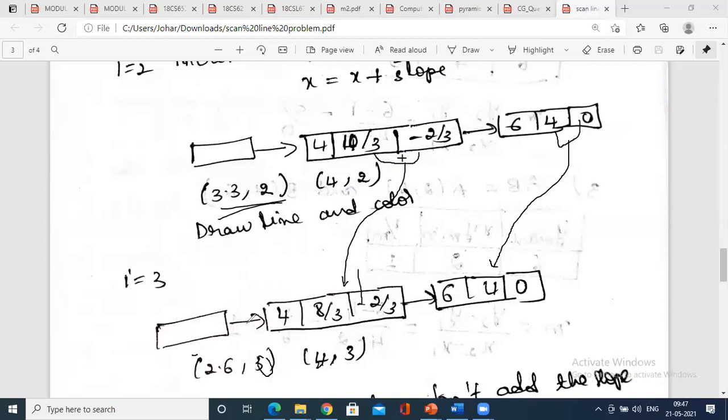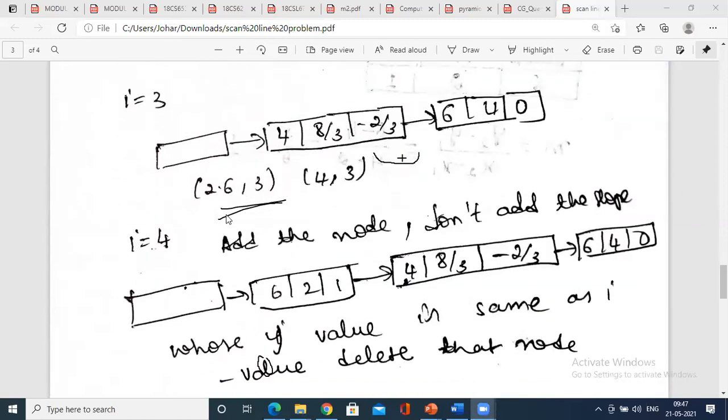From this, how do you find the y value? The y value is 3. So 3 is common here. Whereas coming to the x value, 8 by 3 is 2.6. Similarly here the y value is 4. So you are going to draw a line and color from 2.6 to 4.3.